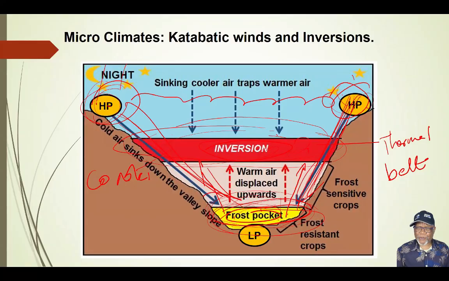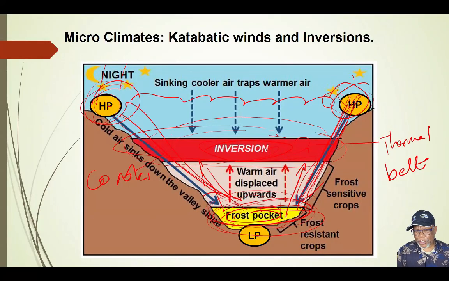Then what will this process mean? It means that because here we have frost pocket, you cannot grow the crops that will be killed by frost. Here at the bottom of the valley, you must plant those crops midway above the slope, above the floor, where it is warmer.